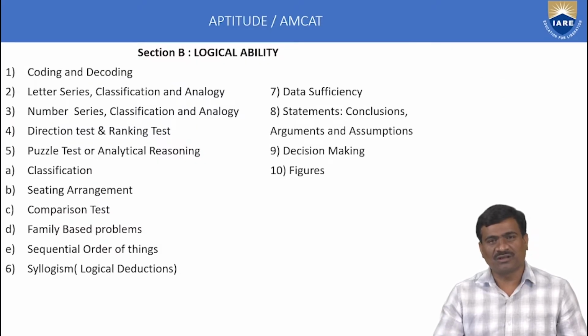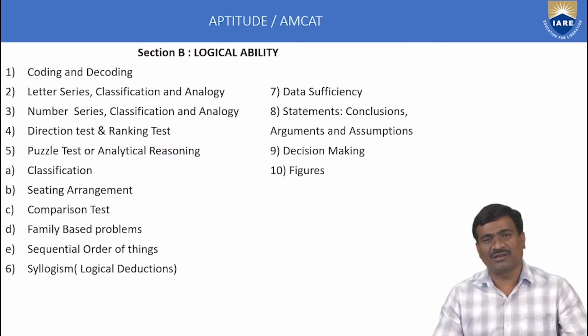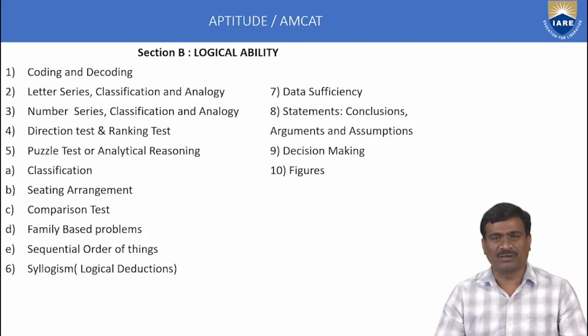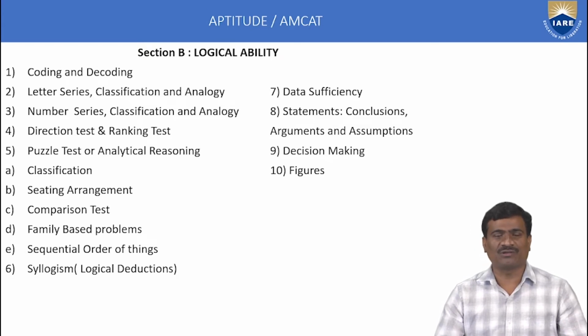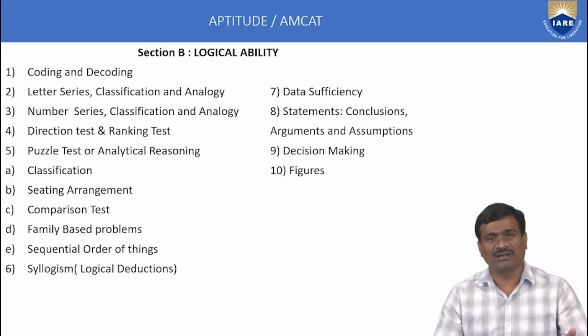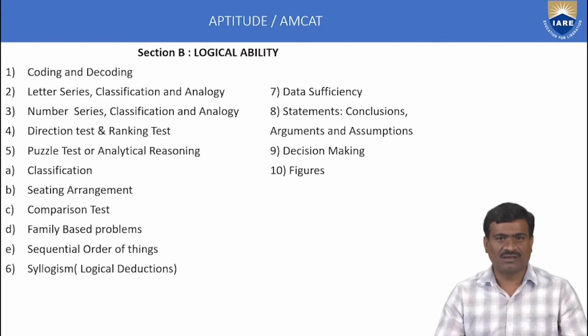Number 2, logical ability or reasoning ability. Number 3, general English or verbal ability. Section D, or module number 4, technical ability or coding test.